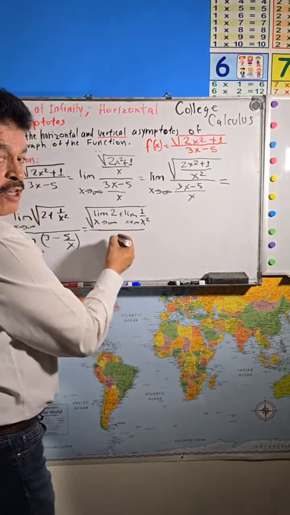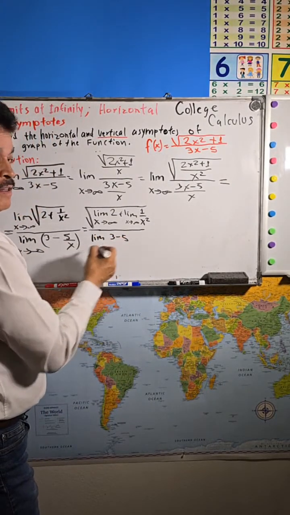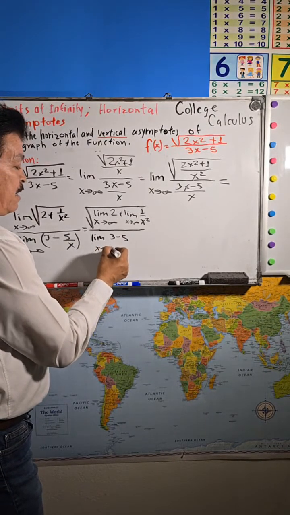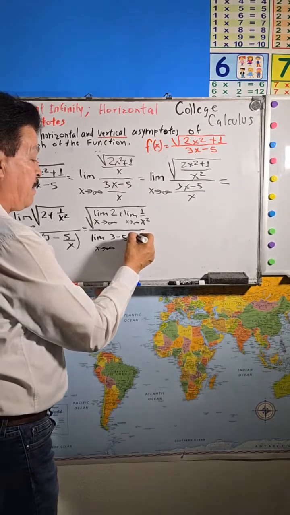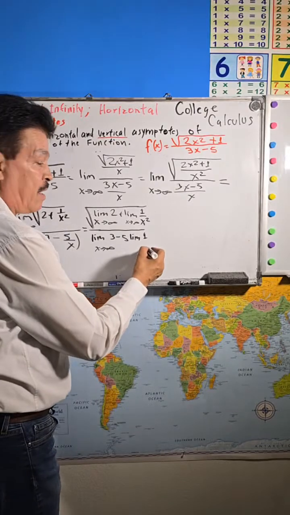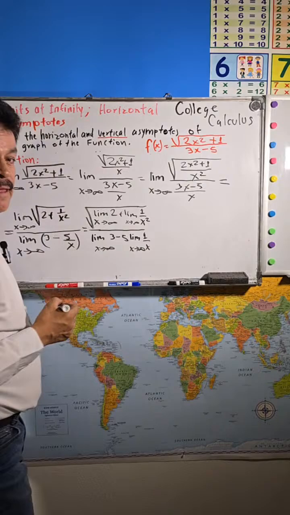In the denominator we have the limit of 3, minus 5 times the limit of 1 over x when x approaches infinity.